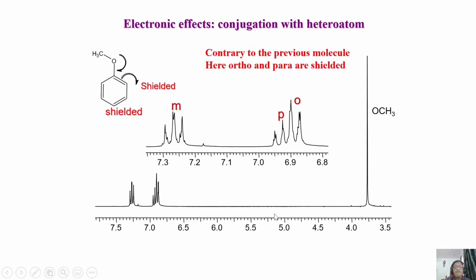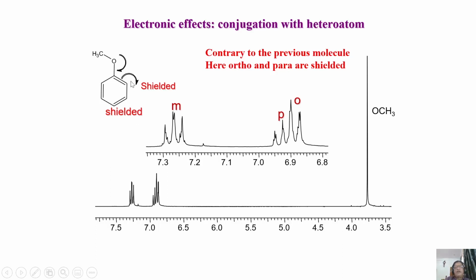Okay, the same thing, of course, if you put an OCH3 group. This also we saw when we understood the mesomeric effect with ethylene. In one example I took, the symmetry was broken, and I showed you how an electron donating group and an electron withdrawing group affect the chemical shift during the mesomeric effect. That's what we saw. A similar example applies here for the benzene ring also.